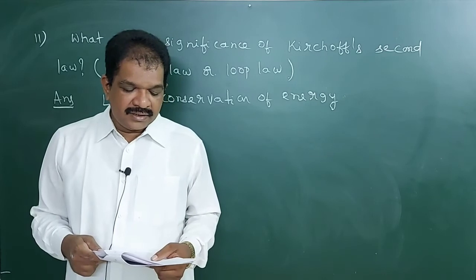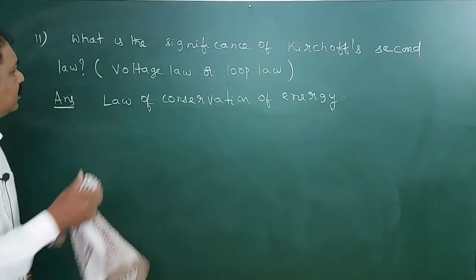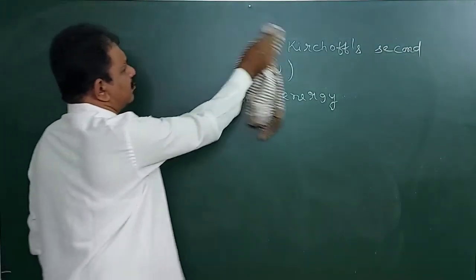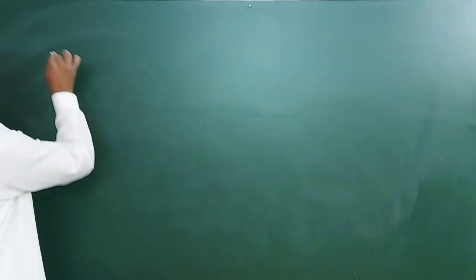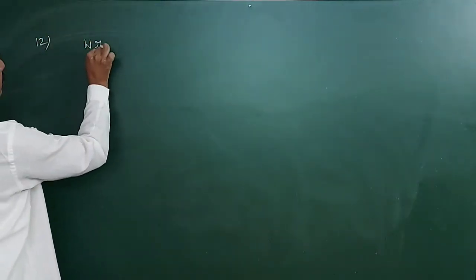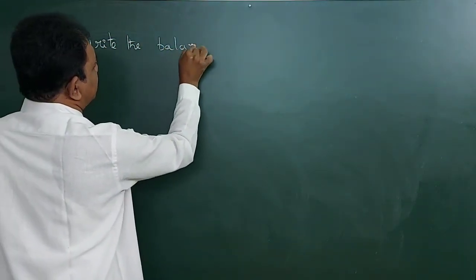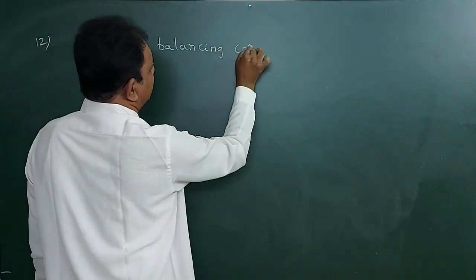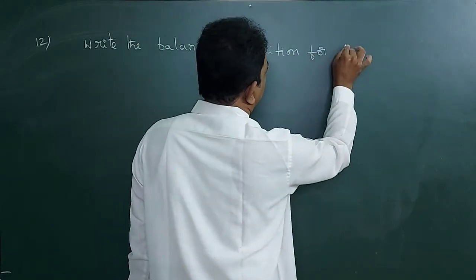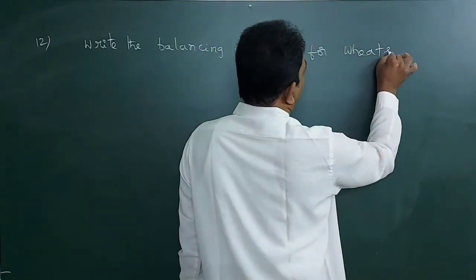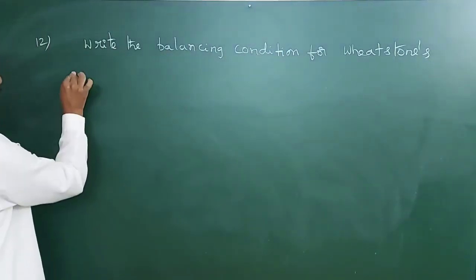Next, 12th question. Write the balancing condition for Wheatstone's network.